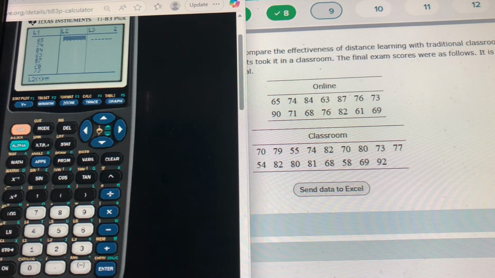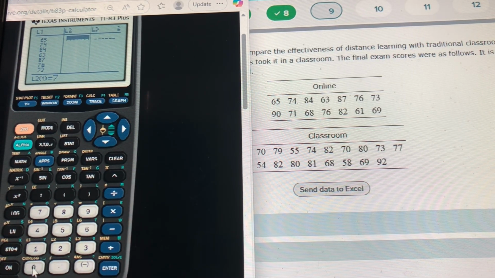I think it's a little wider, yeah. So then put all these in L2. 70, 79, 55, 74, 82, 70, 80, 73, 77, 54, 82, 80, 81, 68, 58, 69, and 92.